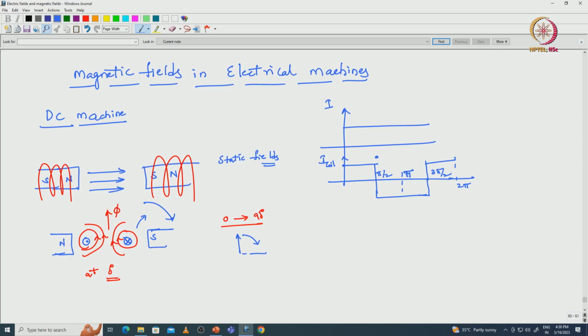The magnitude is not changing because the current magnitude is the same, okay. Here the current magnitude is I, that magnitude is not changing. That means the flux vector magnitude will not change, but the angle is changing with respect to the rotor, okay. With respect to the position, it is rotating in this manner.